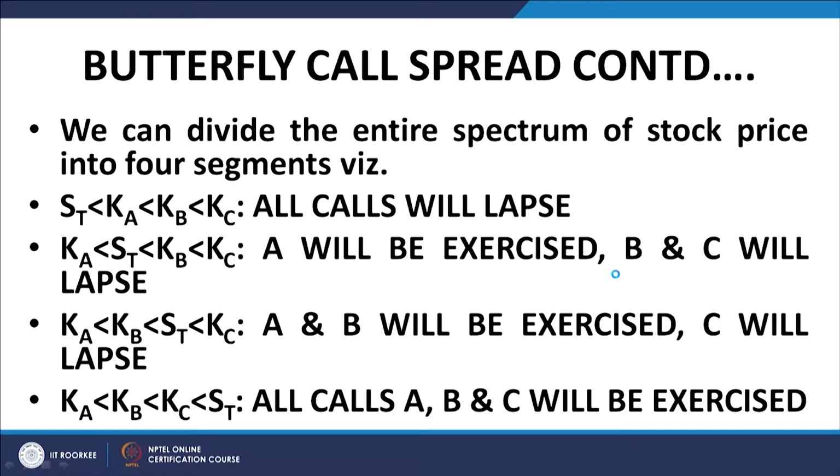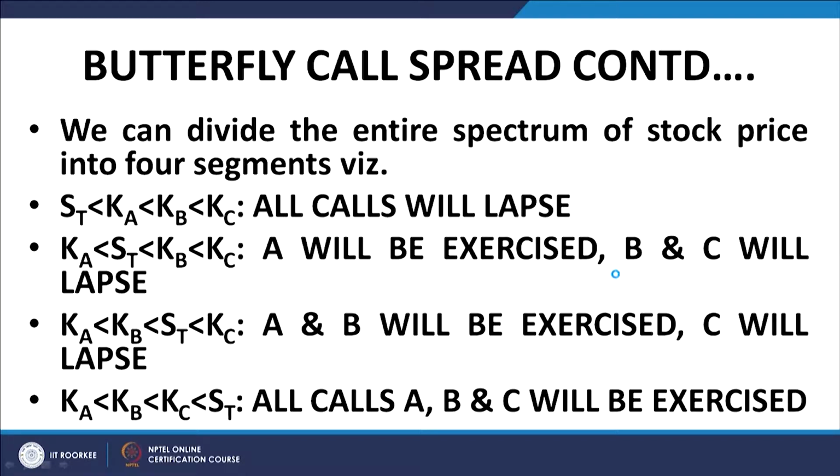If St is less than Ka, then none of the calls will be exercised, because the stock price is less than the strike prices of all the call options. If St is greater than Ka, then option A will be exercised, none of the other options will be exercised, B and C will lapse.